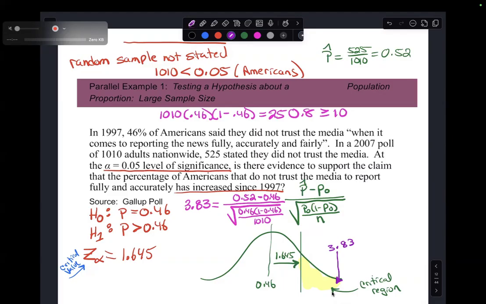So it would be different. Kate, if I had gotten 1.645 as my z-score, and I would never give you one that lands right on that mark, but if I got 1.645, I would fail to reject the null hypothesis.